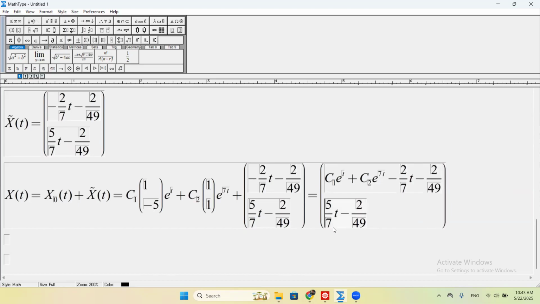And here minus 5C1 e in power of t plus C2 e in power of 7t.